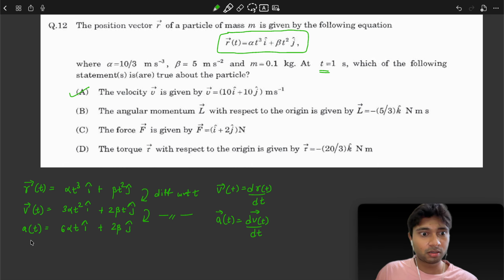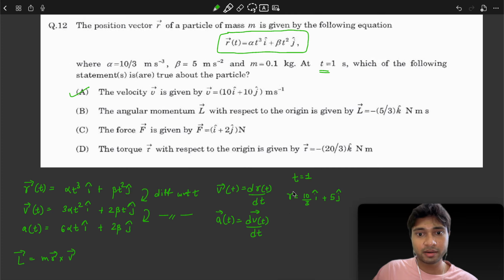So what is angular momentum? Angular momentum is given as m r cross v. What is r? At t equal to 1 second, the position vector will be alpha i cap plus beta j cap. Alpha is 10 by 3 and beta is 5. So at t equal to 1 second, the position vector is 10 by 3 i cap plus 5 j cap.